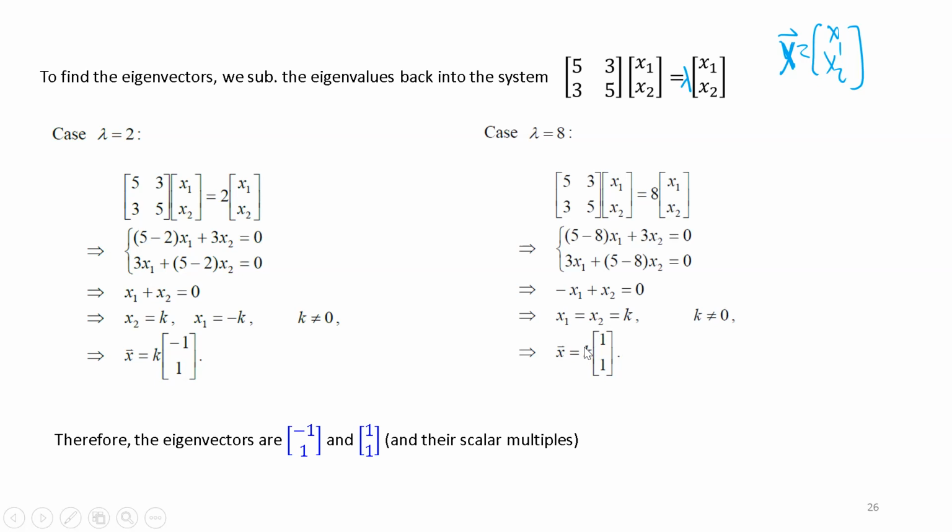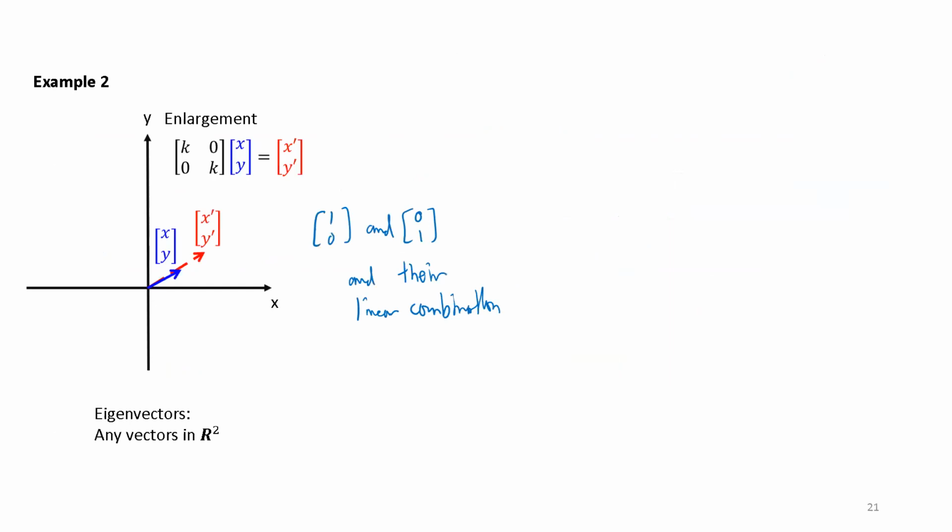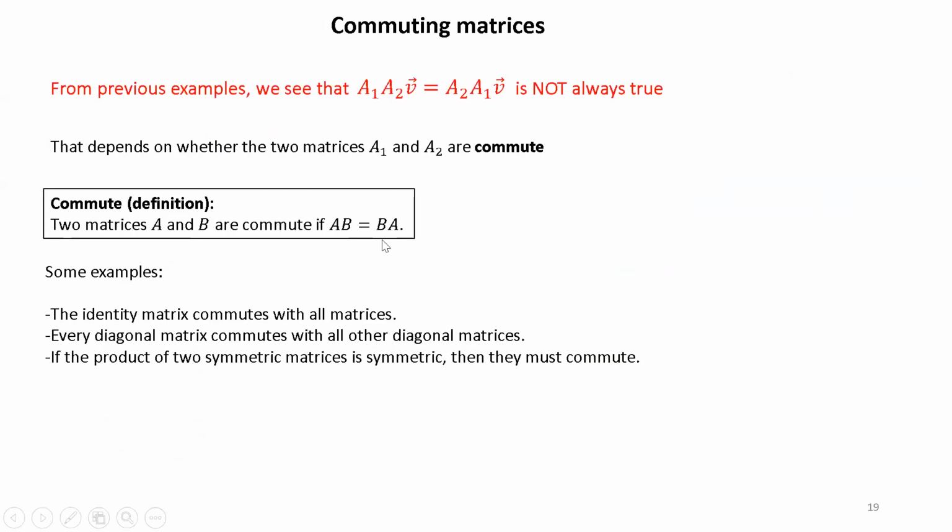So here you can see two eigenvectors, each one corresponding to its own eigenvalue. This is the standard procedure. I would like you to try one by yourself.